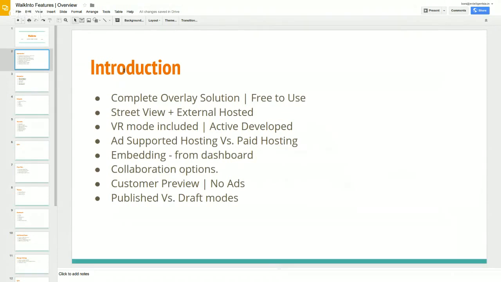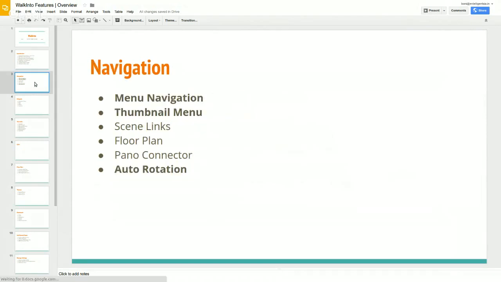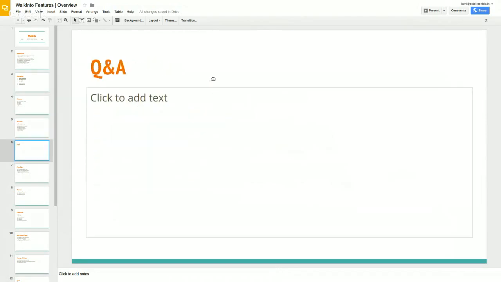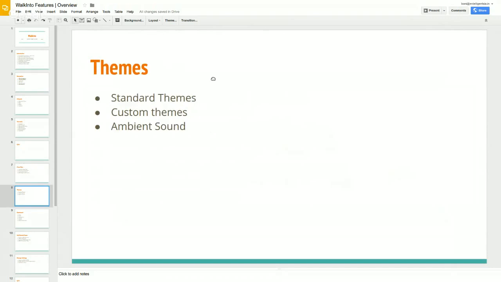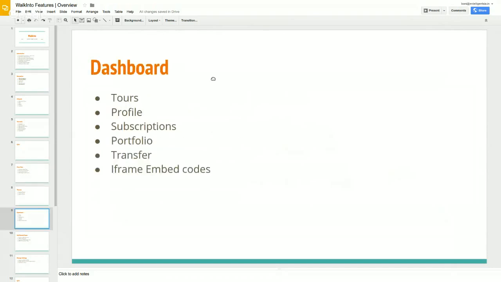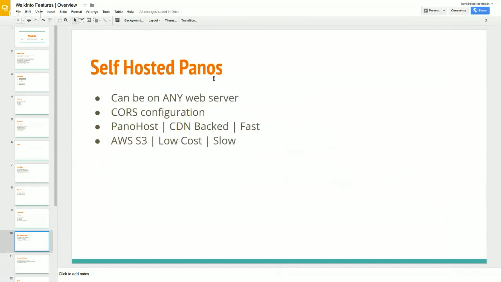So we'll talk briefly about what WalkInto is, and so that's the introduction session. And then we will skip over to talk in detail about navigation, hotspots, or tour cards. Then we'll take a small pause there, and we'll do a Q&A. Then the next set of features, floor plans, themes, then what we can do on the dashboard. So that is very important because most of your management happens on the dashboard.